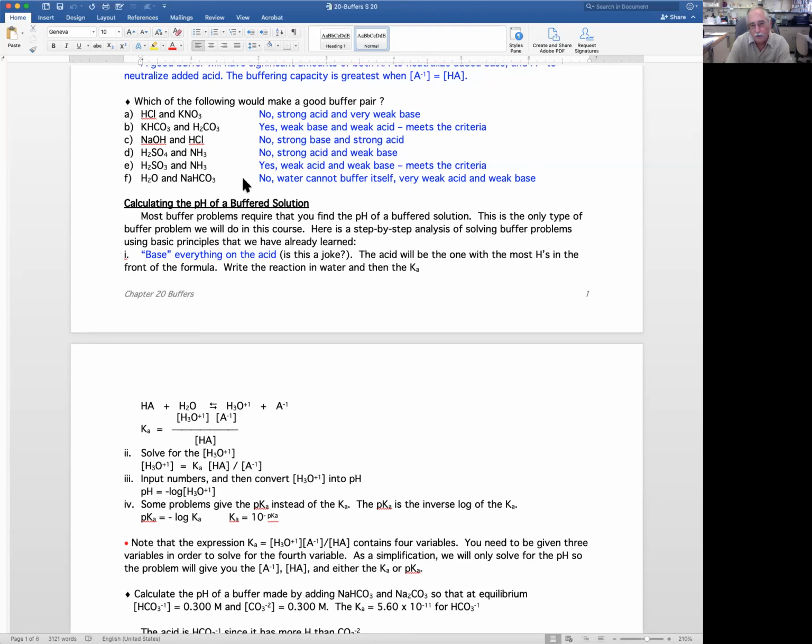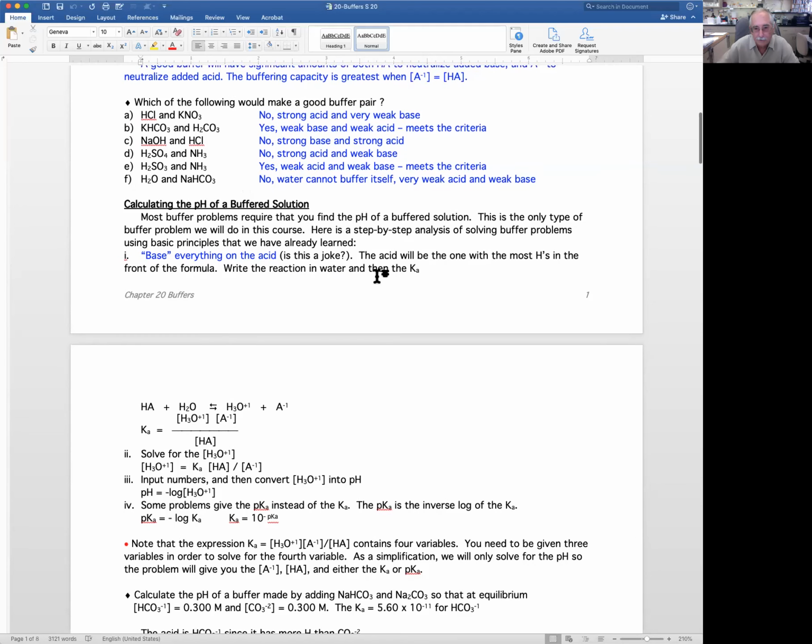So anyway, there's only one calculation in this chapter, and that's going to be calculating the pH of a buffered solution. So I'm going to just cut to the chase and show you how to solve that problem. What we're going to do is base everything on the acid.